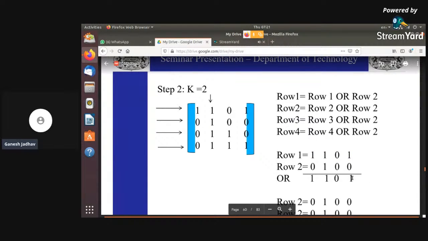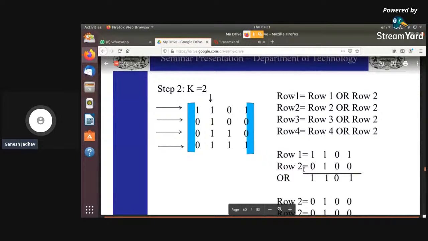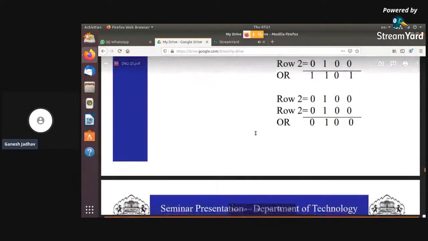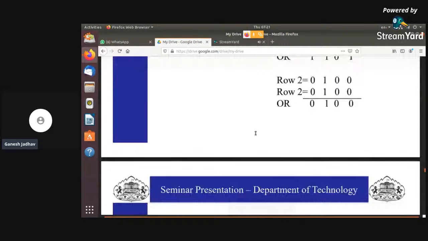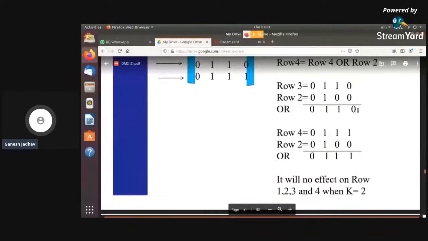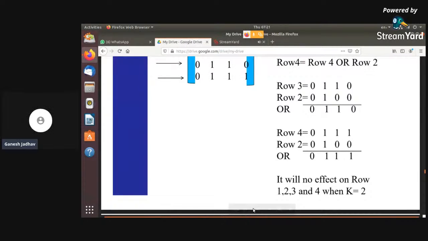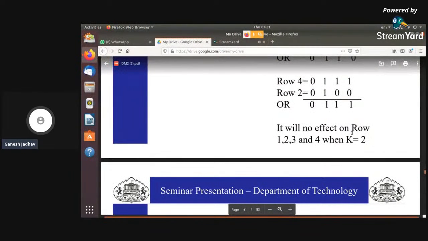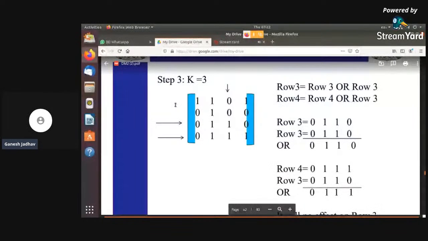Row 1 and modified row 1 are the same, row 2 and modified row 2 are the same, row 3 and modified row 3 are the same, and row 4 and modified row 4 are also the same. So there is no effect on rows 1, 2, 3 and 4 when k is equal to 2.